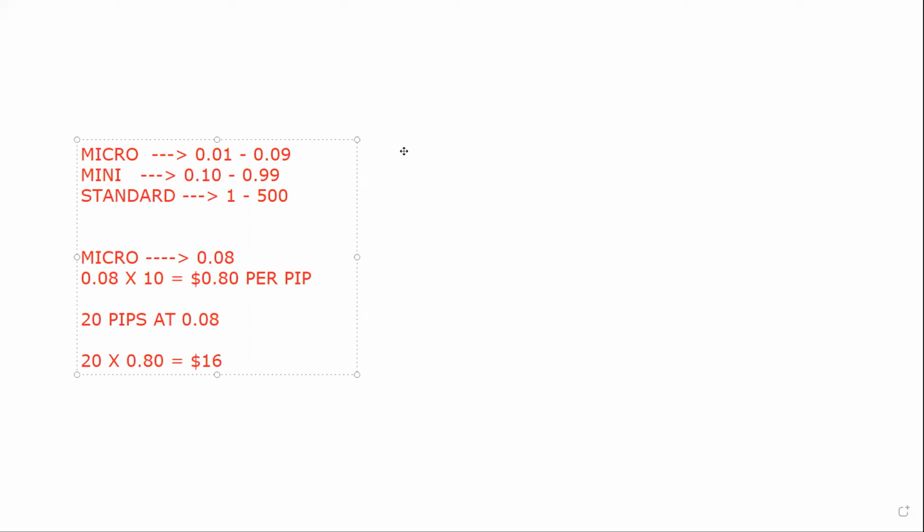Let's do another example for a mini lot. A mini lot is between 0.10 and 0.99. Let's use the lowest one, a mini lot of 0.10. What is the monetary value of using a 0.10 lot?